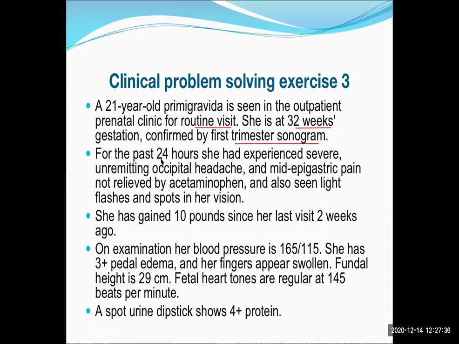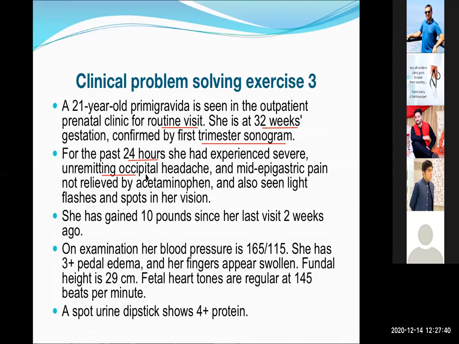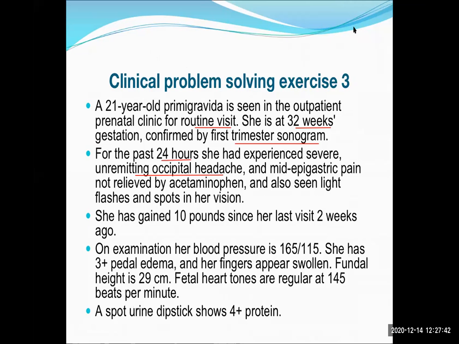For the past 24 hours, she has experienced severe unremitting occipital headache. So this occipital headache is there. Mild epigastric pain not relieved by acetaminophen. So she already took paracetamol, but that pain is not disappearing. And also seen light flashes and spots in her vision. This is called blurring of the vision or the visual problem. So she has some severe symptoms already present.